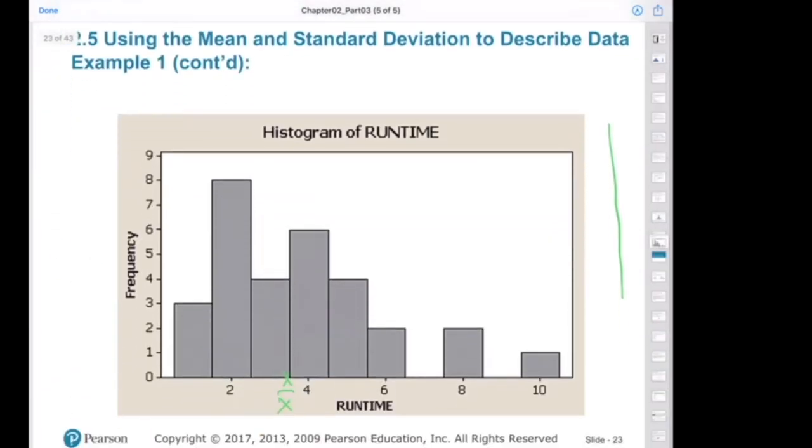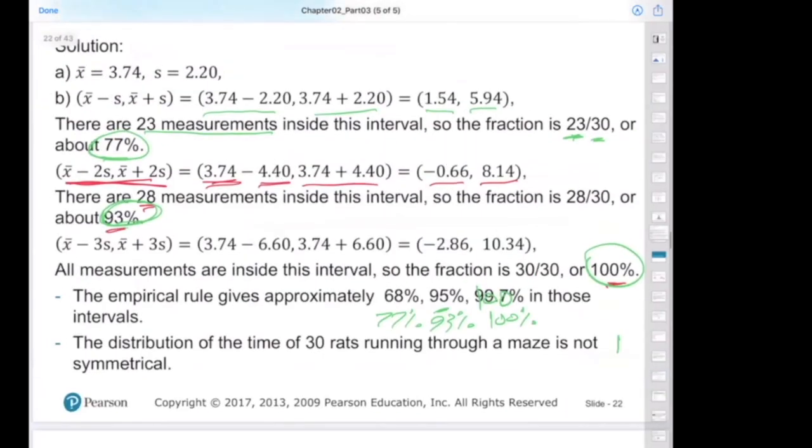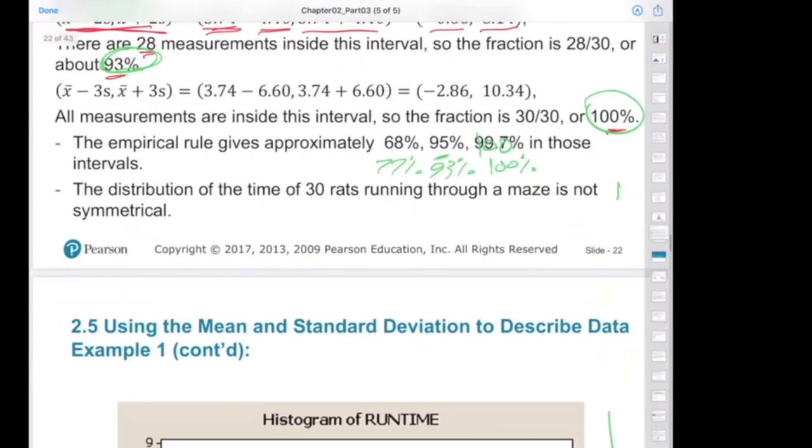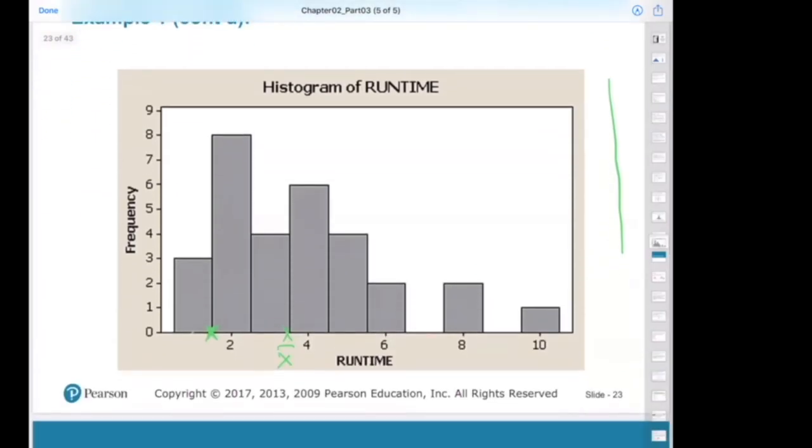Say this is 1, so it may be here. And the second one is 5.94, so it's approximately here.